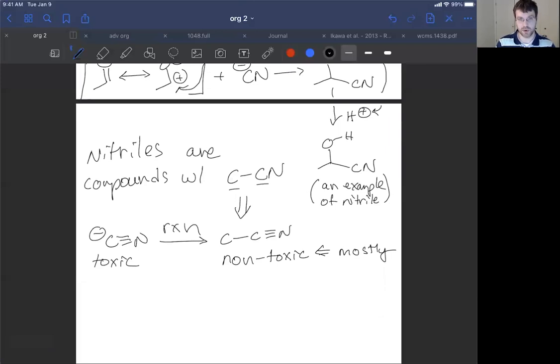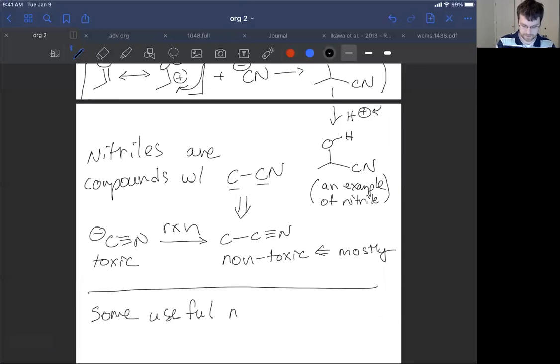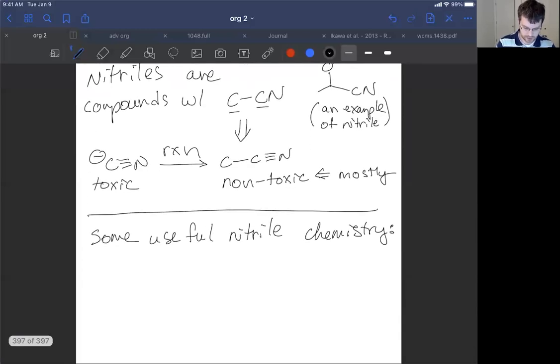Now, there's some important nitrile chemistry that makes this reaction super relevant. So, some useful nitrile chemistry. If you take a nitrile, so let's have some R bonded to, and I'm just going to rewrite it so I can see my carbon triple bonded to nitrogen, just so I can take stock of everything.